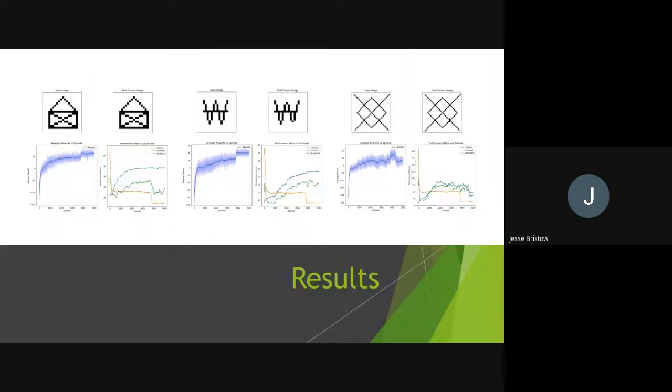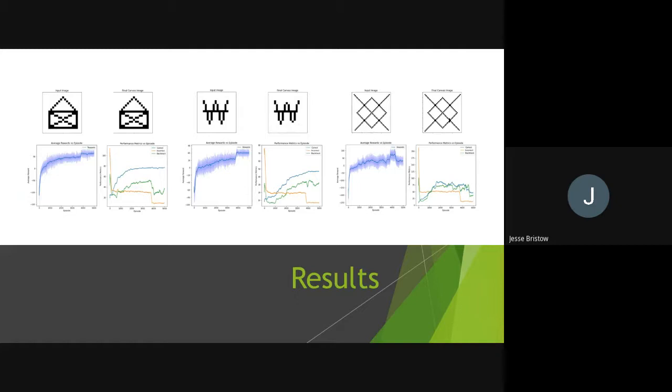Now to show some results. These are three images that the model tried to recreate. We see the first image is essentially the input image. The second image is the final canvas image that the model produced. Then the first graph refers to the average rewards achieved by the agent per episode during training.